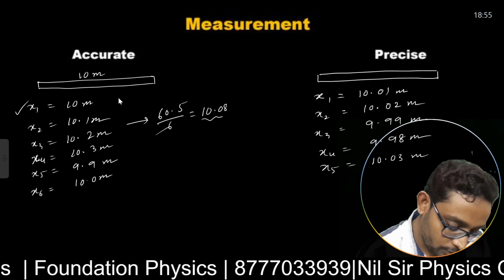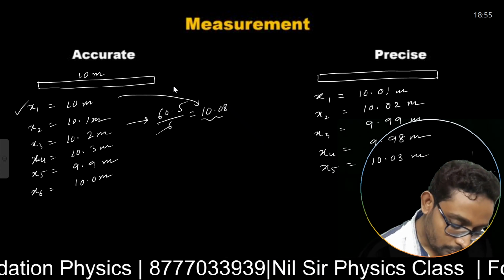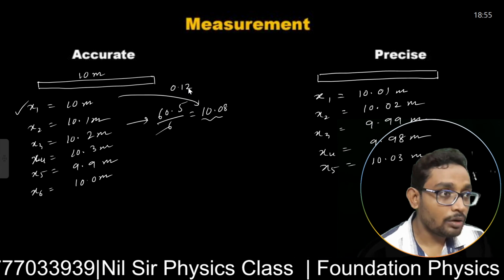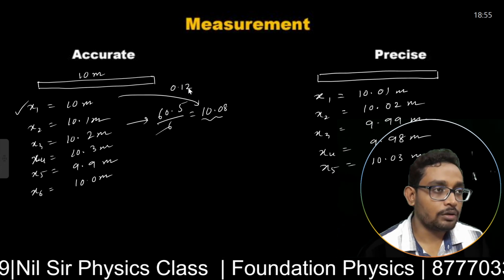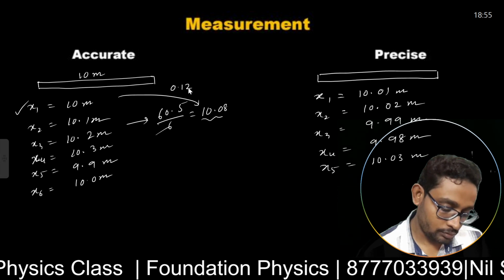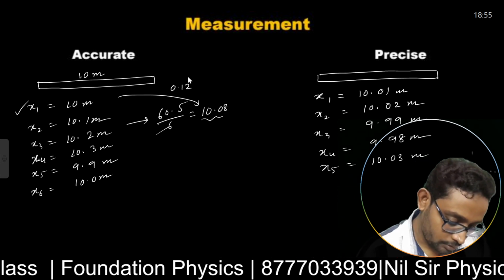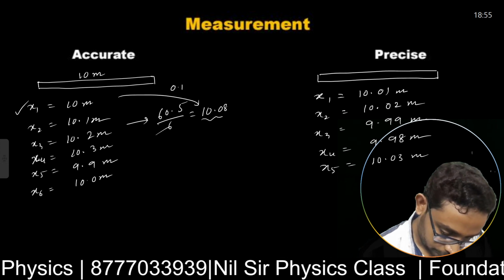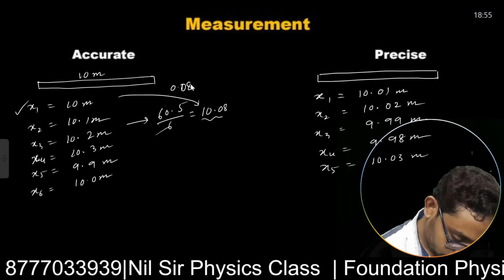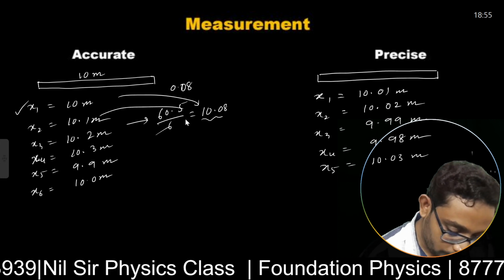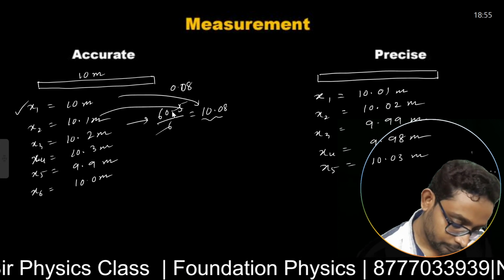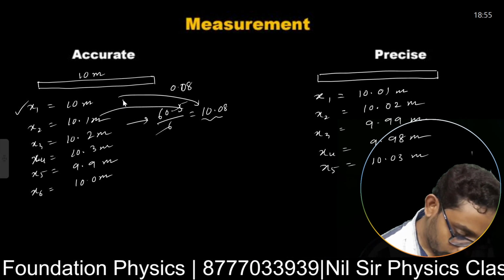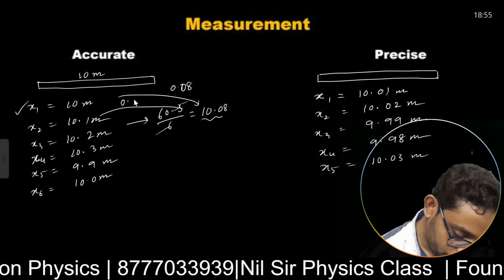What is the difference between these two results? From here to here, what is the difference? It is 0.2.